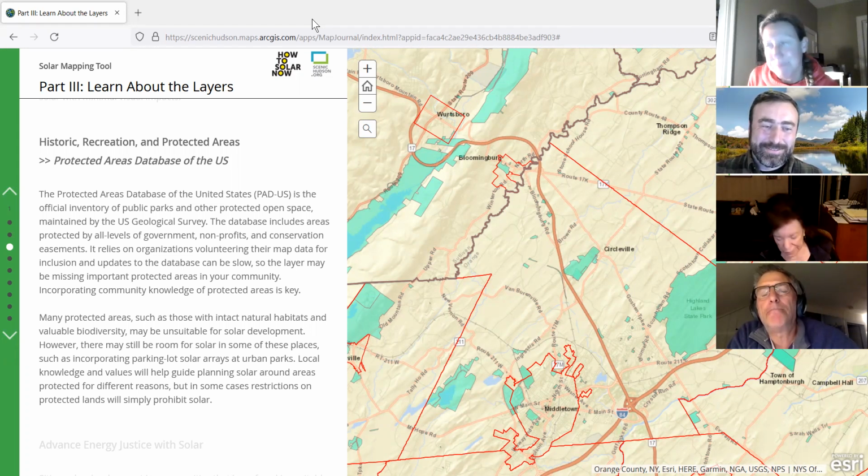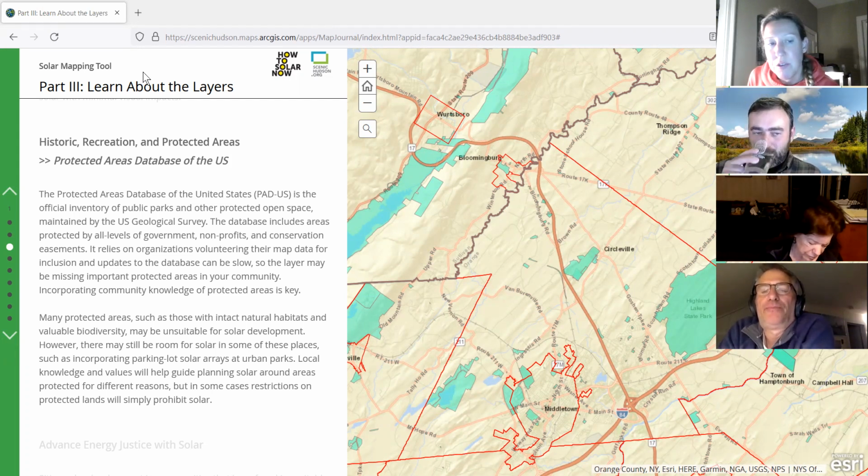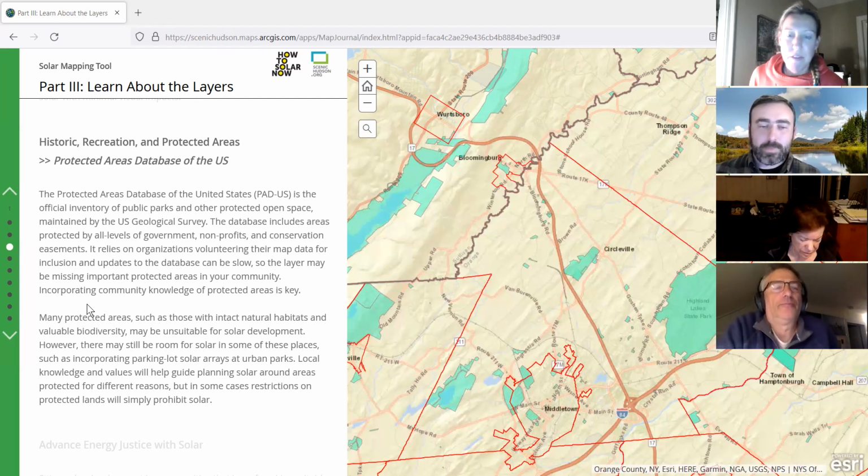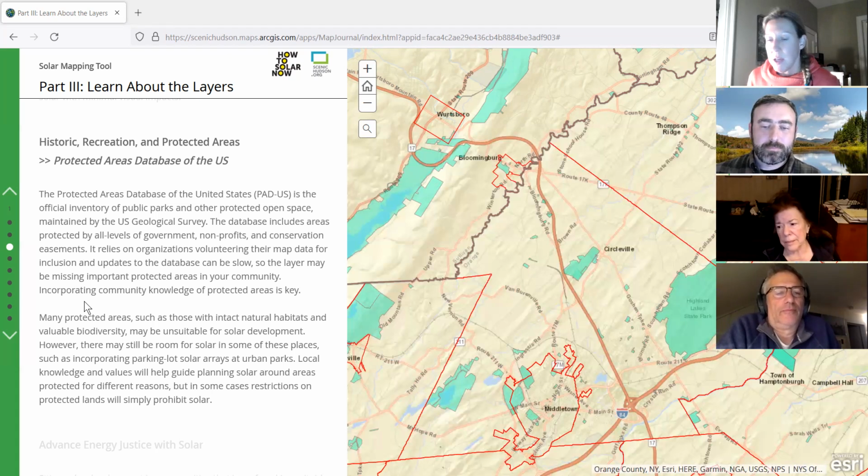We have been participants and interveners, especially in some of the larger projects that have been proposed in Greene County. We're also paying attention to the one that's happening in Columbia, based on staff capacity and whether or not we feel like the local folks are handling things on their own.